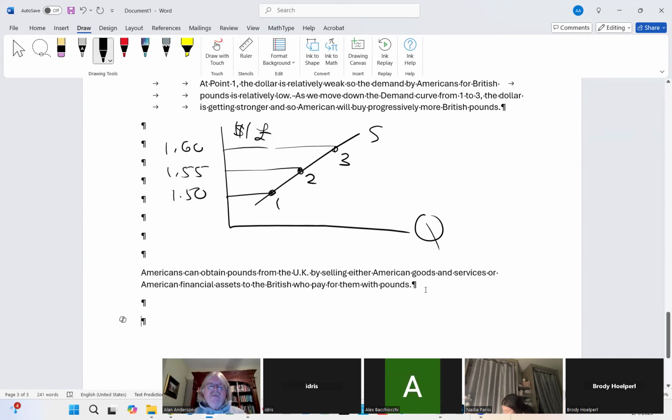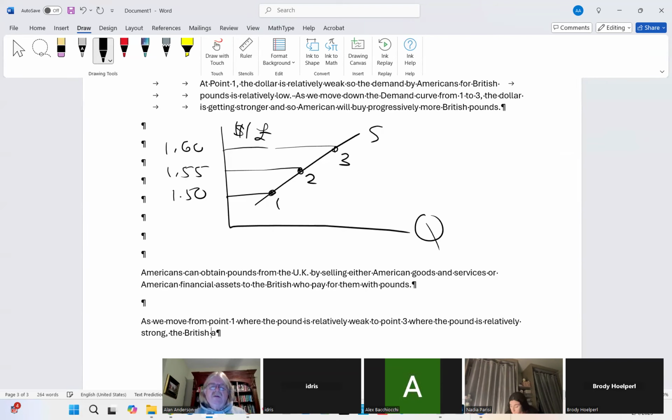So that means that as we move from point one, where the pound is relatively weak, to point three, where the pound is relatively strong, the British are willing to buy progressively more American goods and services and financial assets. So supply of pounds increases.